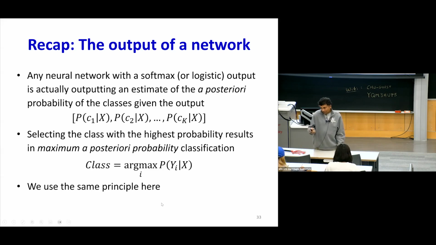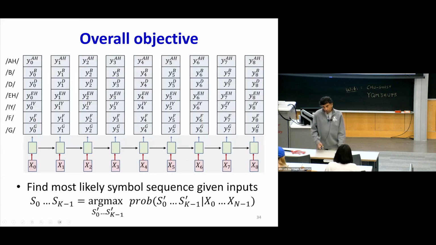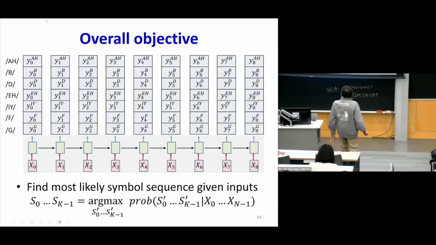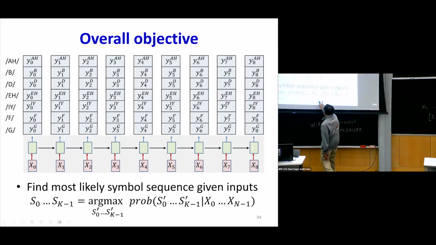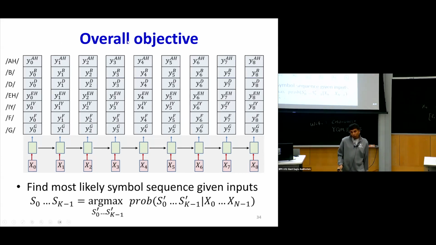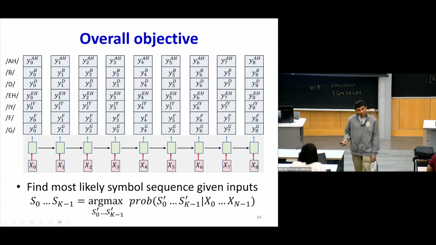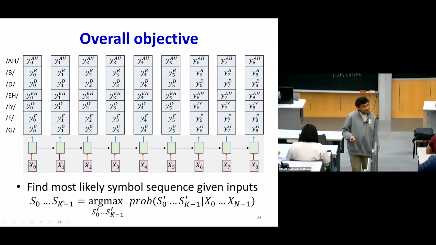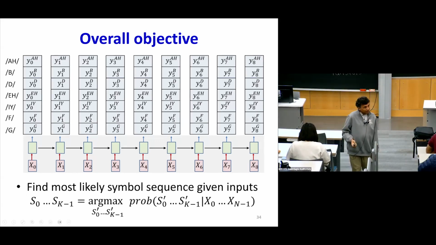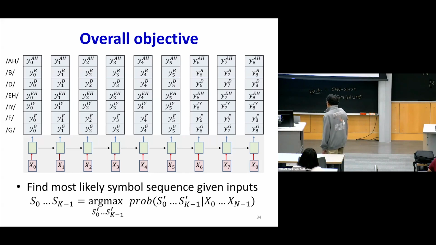Make sense? So you will note that I have x0 through xn minus 1 over here, indicating that the input is n long, and s0 through sk minus 1, indicating that the output is k long, where we do not even know what k is. All we know is that k is no greater than n. It's anything between 1 and n. Okay? So this is what we'd like to do.